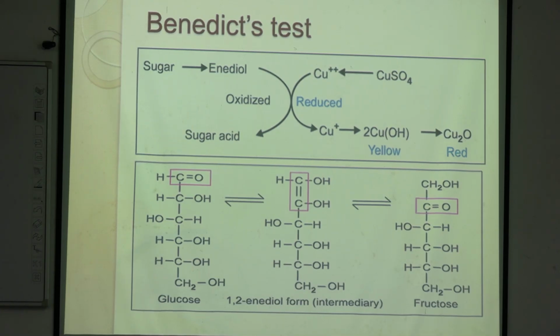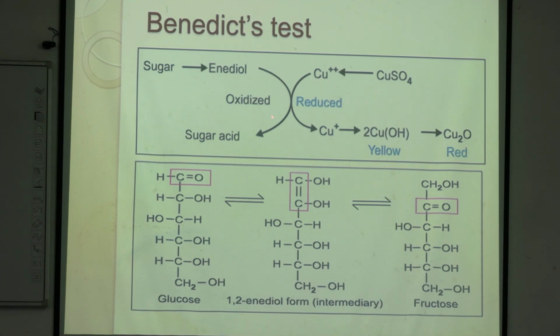Are you getting it? If in a solution any reducing sugar or reducing carbohydrate is present, it will be converted into enediol in presence of alkaline medium, in presence of alkali, and that will help in reduction of copper ion, right?